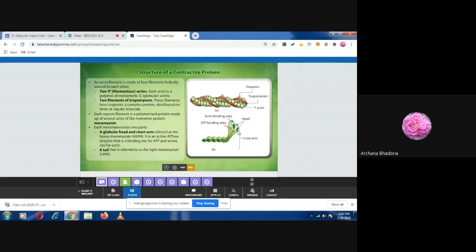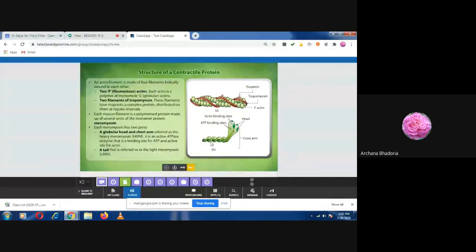Having the head and the short arm, not head and tail. This much portion. Try to see this much, the head and this short arm, we call it heavy meromyosin, and then this coiled upon itself.